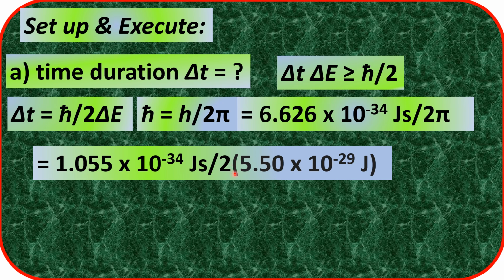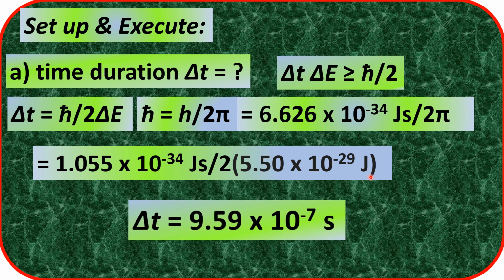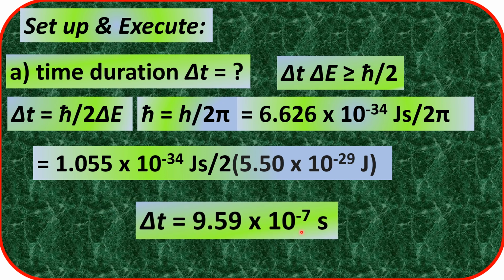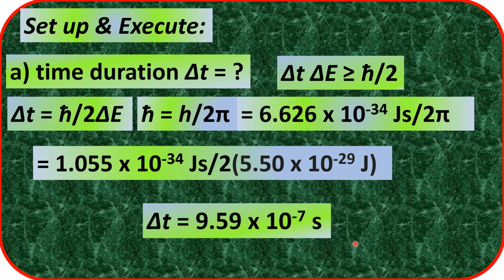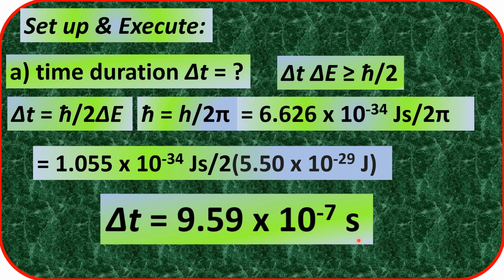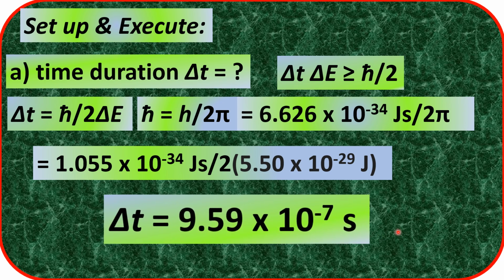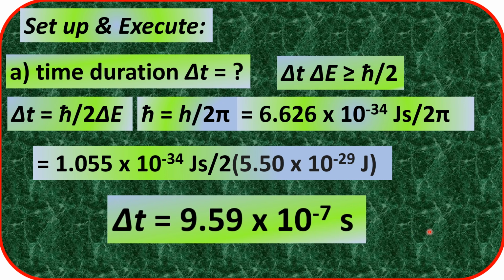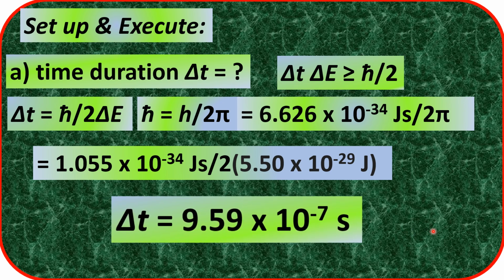And that will be divided by 2 times the value of delta E, which is 5.50 times 10 to the negative 29 joules. So we get the time duration delta T equal to 9.59 times 10 to the negative 7 seconds, which is relatively a large amount of time as far as the radio pulses are concerned.